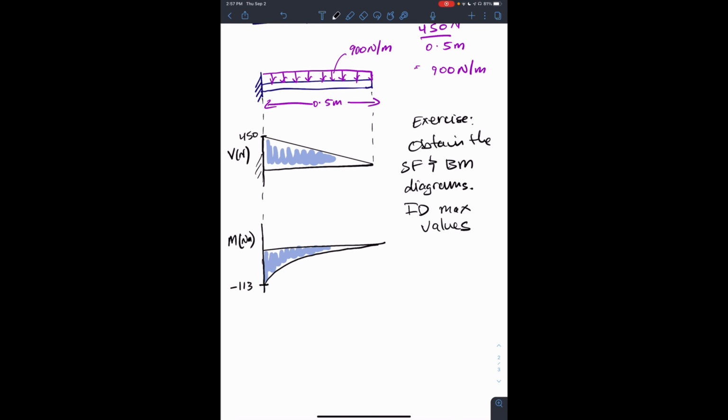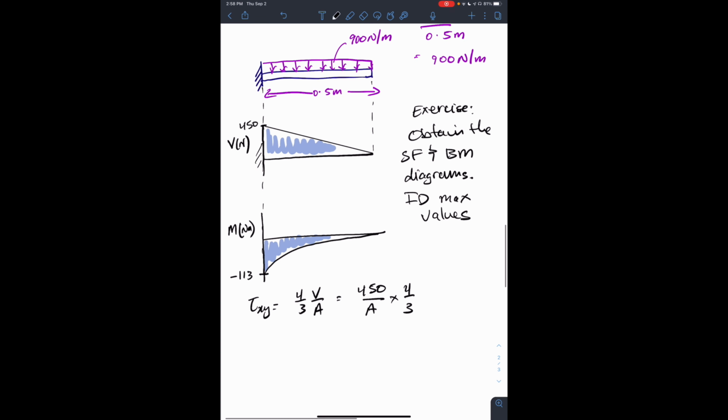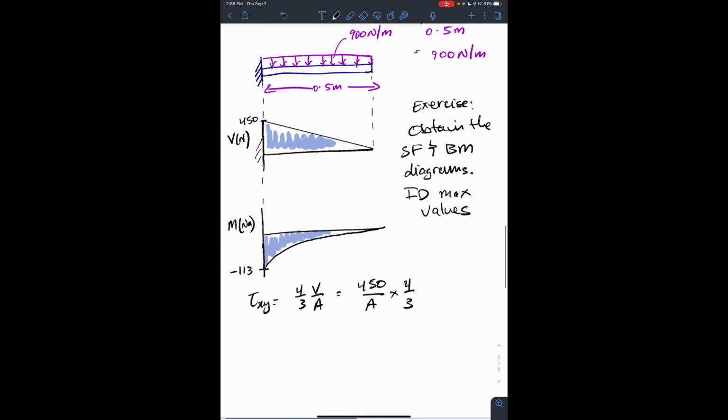So we could go ahead now and calculate the shear stress, which is V on A. Right, so this would be 450 over the area, and the bending stress would be the maximum bending moment, which in this case is minus 113.